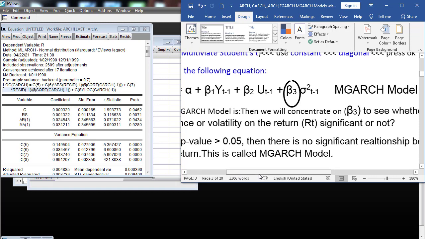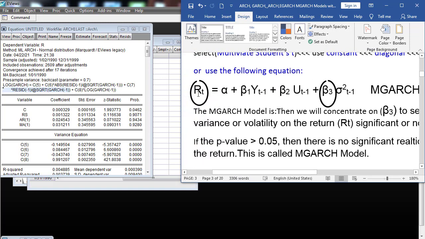Now the multivariate model, you can see the model here. This is the model, which is simply the return equation, and here you have alpha, beta 1 y(t-1), beta 2 residual lag 1, and then beta 3 variance lag 1 squared.